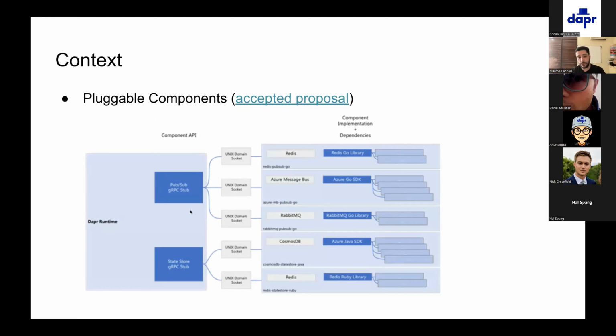And the component server, the gRPC server, implements the protocol definitions, and it's backed by its dependencies, like let's say Redis or Kafka or Azure or whatever is necessary to run.